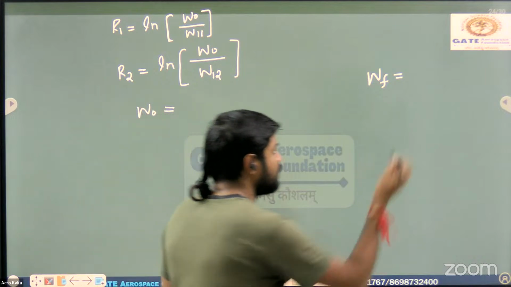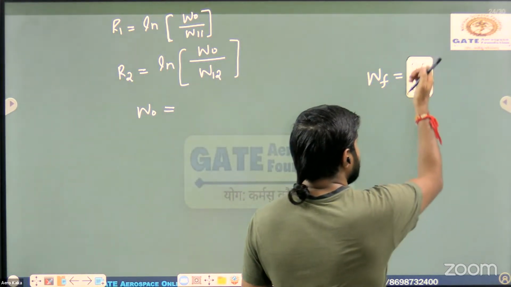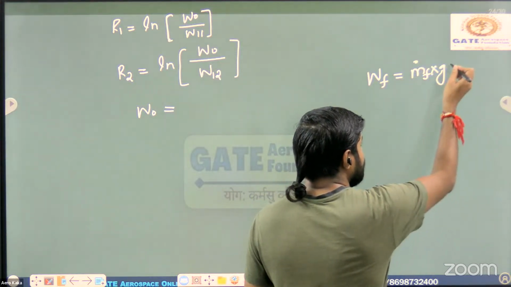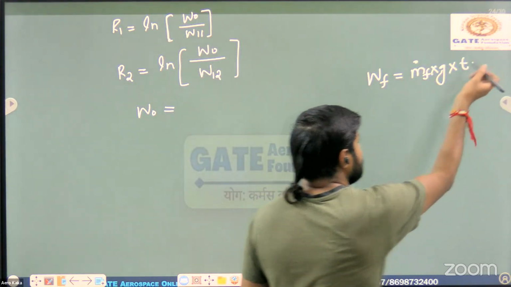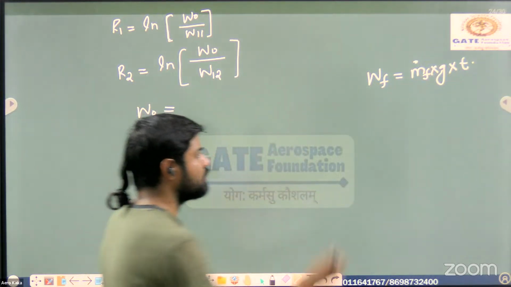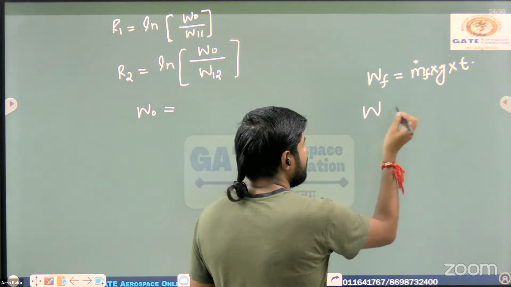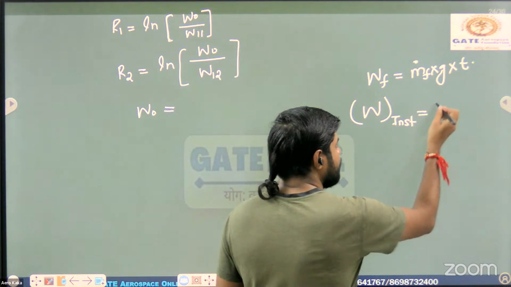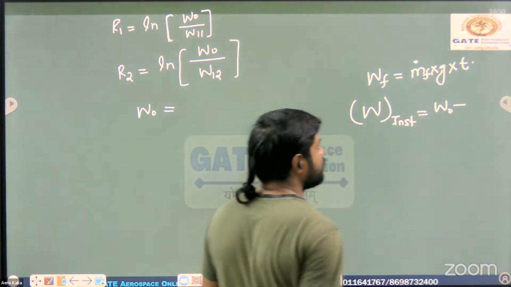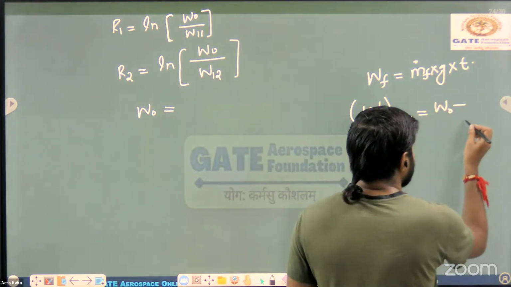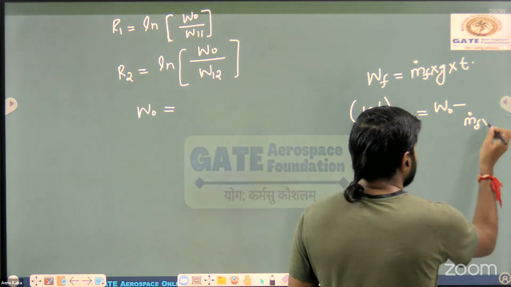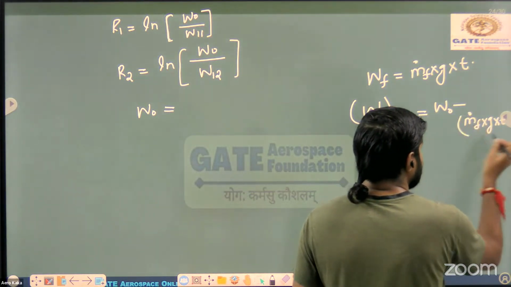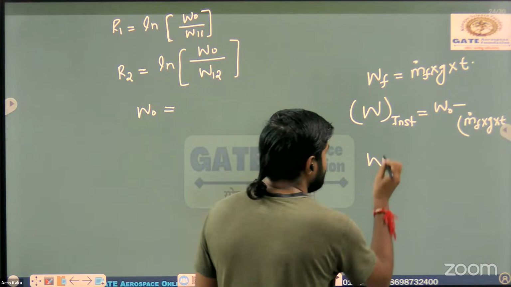If you know the mass flow rate of the fuel, then you can write the mass flow rate of the fuel into G, into the time. So that's how you can calculate. Or the instantaneous weight, you can calculate. Can you calculate, anyone? Initial weight minus mass flow rate of the fuel into G into T. So that's how you can calculate the instantaneous weight of your aircraft.